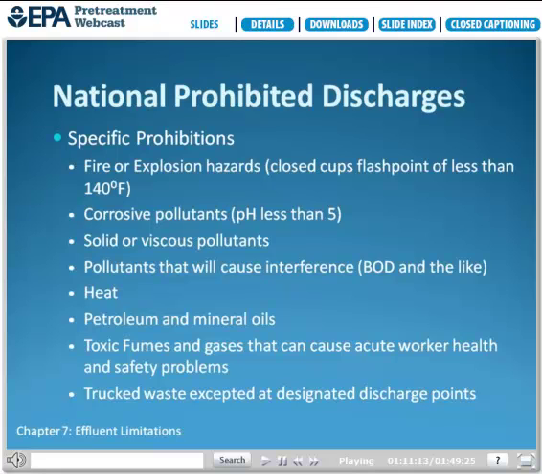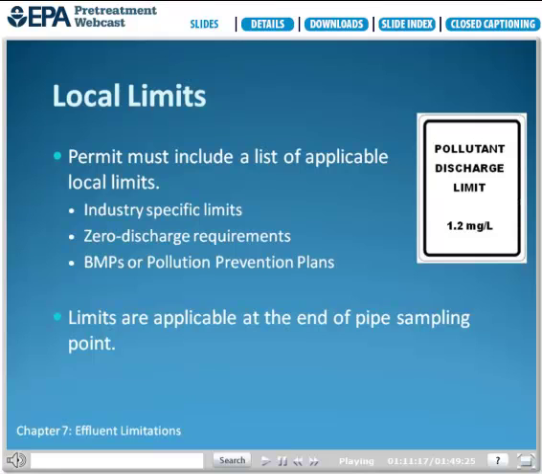Section 403.5(c) of the General Pretreatment Regulations requires control authorities to develop and enforce specific limits to implement the general prohibitions against pass-through and interference and the specific prohibitions. In July 2004, EPA established an extensive guidance on developing and implementing local limits.